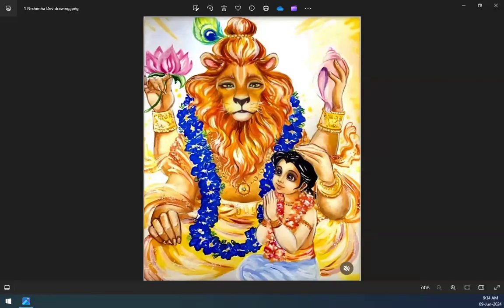Fourth point, read Canto 3, Chapter 21 for the next class. We won't cover the whole chapter, but you can read at least half, or time permits, read the full. Everybody on the same page? Kindly repeat the third one. You can please connect with Shalini. I'm short of time today.